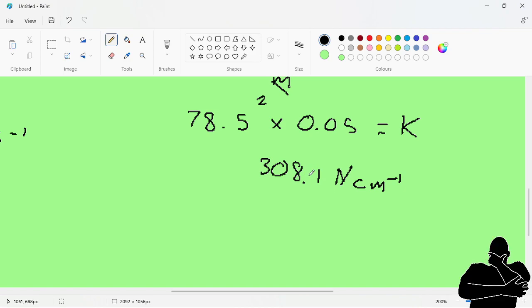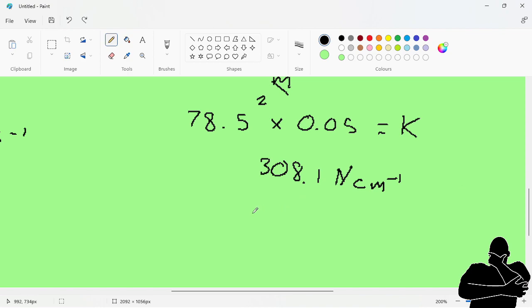But this is still not the spring constant of one of the springs. The question specifically said one of the springs. So how do we find the spring constant for one spring when given the spring constant for the entire system? Well, the springs are in series. What that means is that the springs are attached in a line like this. See, it's a straight line that attaches the springs like that. That's what I mean by in series.